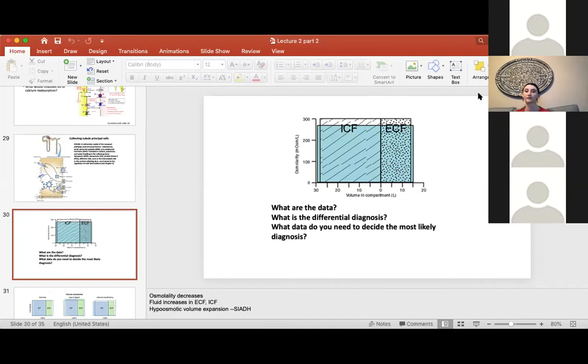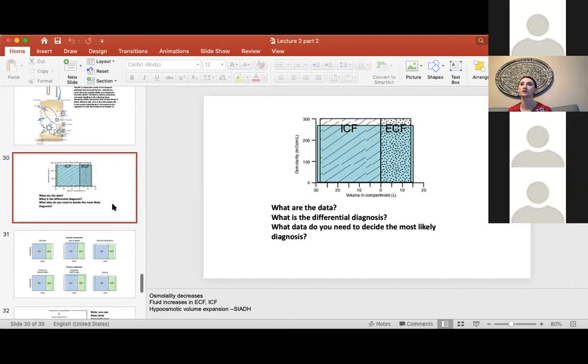It's hypoosmotic, so less osmolality, with volume expansion, because we're increasing our volume. So an example of this is SIADH, which we'll talk about.